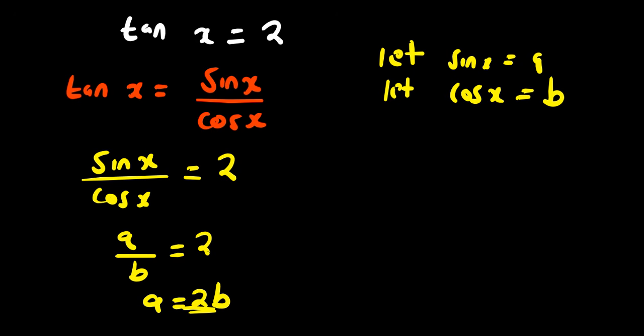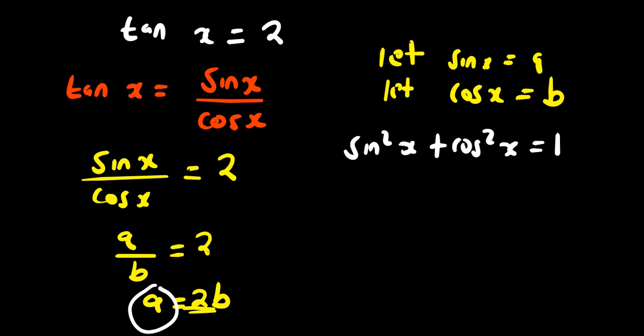Now let's use the Pythagorean identity. Sine squared x plus cos squared x is equal to 1. So what are we now going to have? We are saying a is equal to 2b, right? So we can replace that.